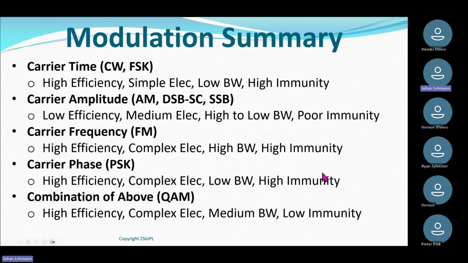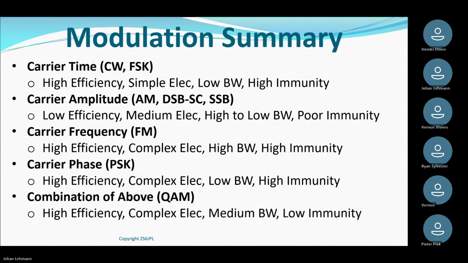Okay, so if we summarize modulations, I've tried to stick to what is in your book. If I change the carrier time, CW and FSK, it is very efficient. It uses simple electronics, it's got a low bandwidth, and it's got a high immunity to interference.